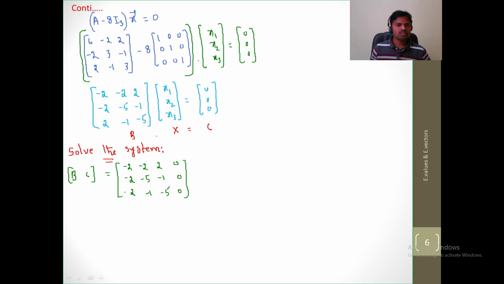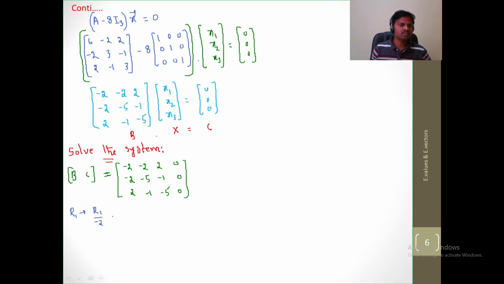Then we have to convert this matrix into reduced echelon form, and after that rewrite the system of linear equations. First I want to modify the first row: R1 divided by minus 2, because the first non-zero entry should be 1.